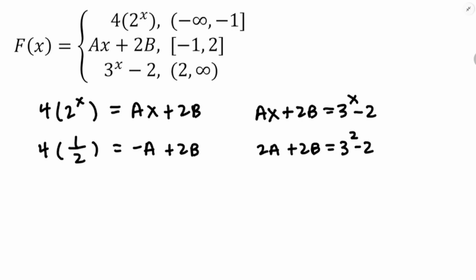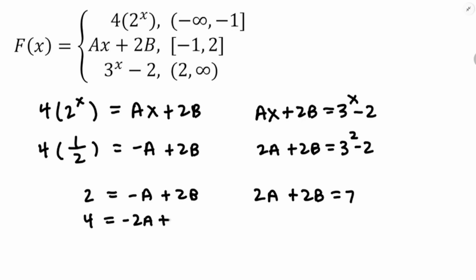I have 2 equals negative a plus 2b, and 2a plus 2b equals 9 minus 2 is 7. I'm just kind of thinking about what I'm going to want to do. I don't think it really much matters. I'm going to double the first equation, so that would be 4 equals negative 2a plus 2b. Then I'm going to go over here.